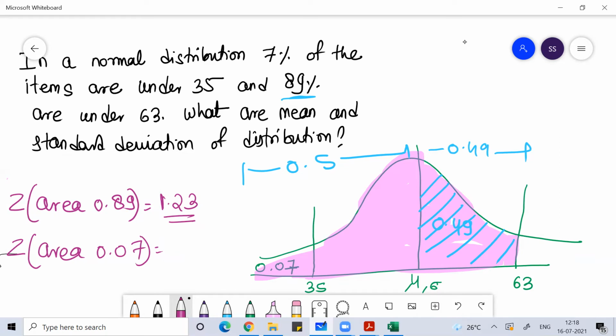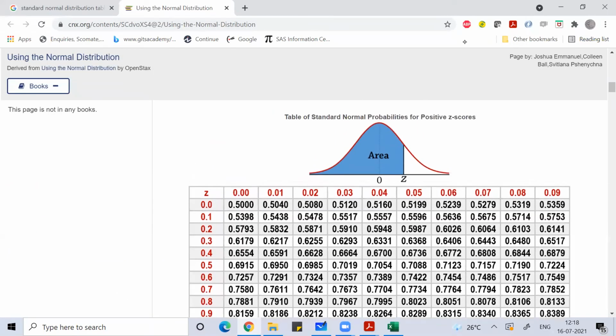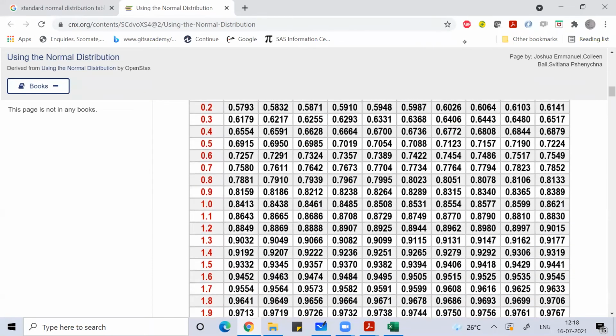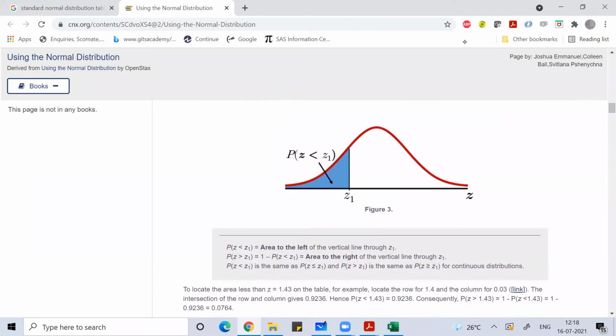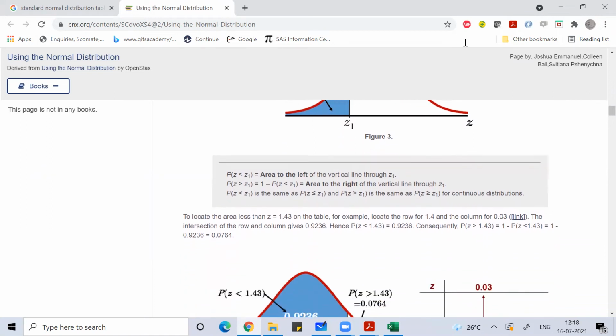You can see this value 0.07. The table gives you the left hand side of the value. They explain the area to the left of the vertical line Z, through Z1, so that is the value they have given you. If Z is greater than Z1, then take 1 minus that, and if less than, you just need to follow that.